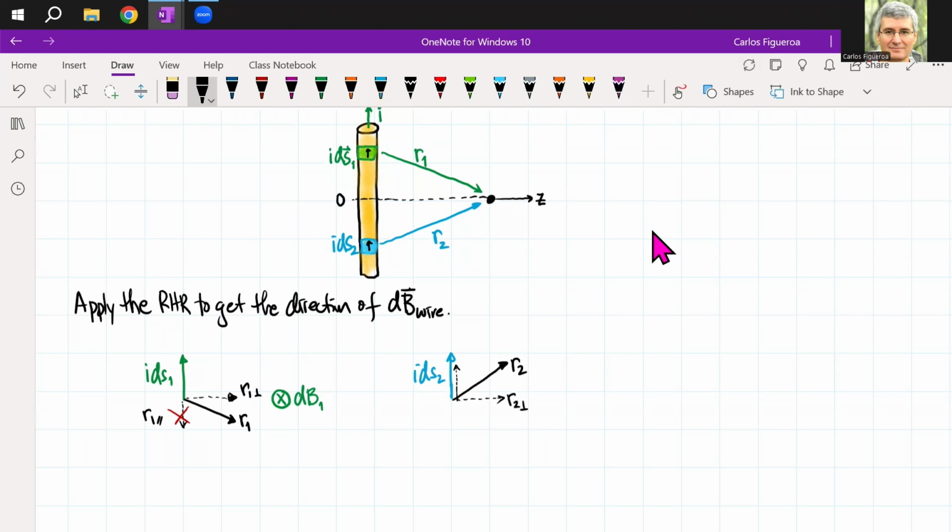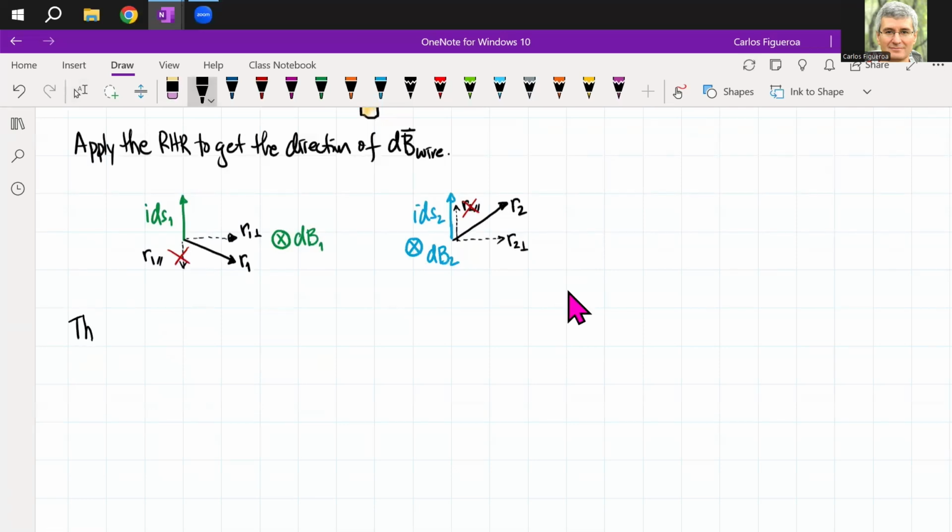R2 parallel is going to go away from the cross product, so I only have two vectors again. And when I look at that magnetic field, you're going to see that this magnetic field also points into the screen. Furthermore, they have the same magnitude of the displacement.